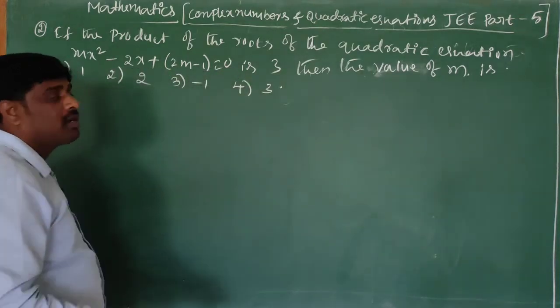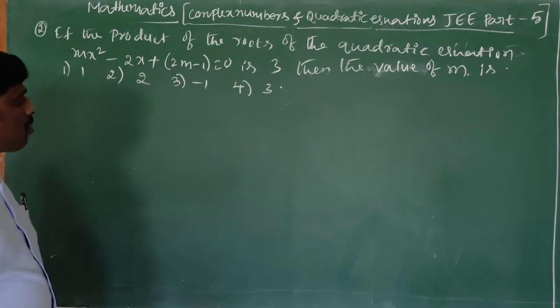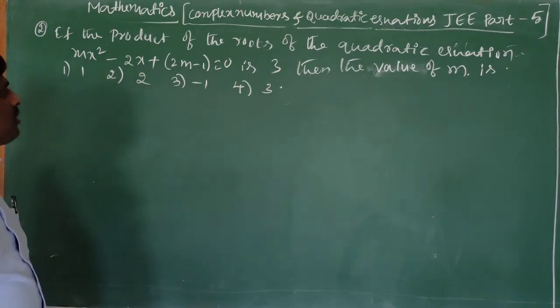First option is 1, second option is 2, third option is minus 1, fourth option is 3.